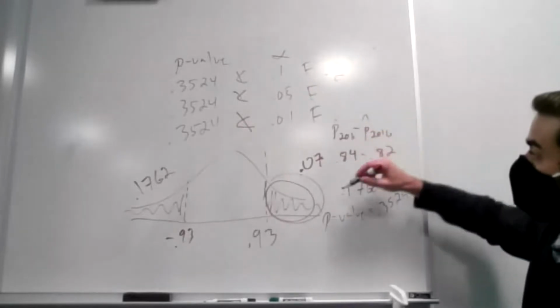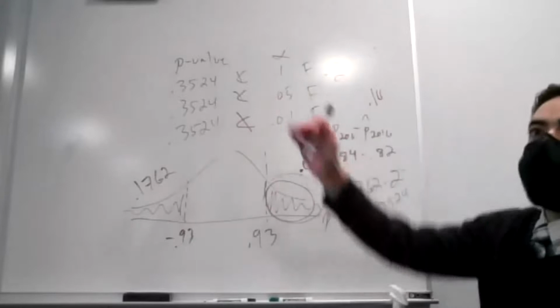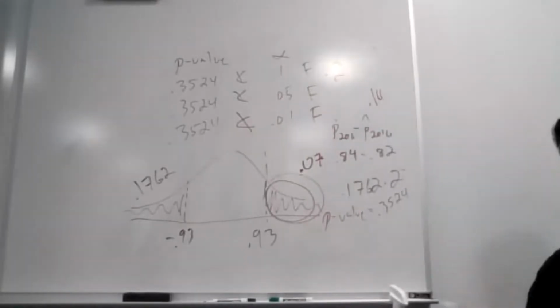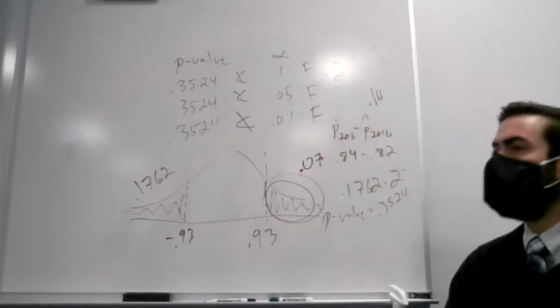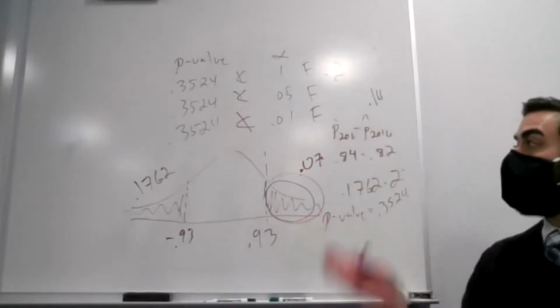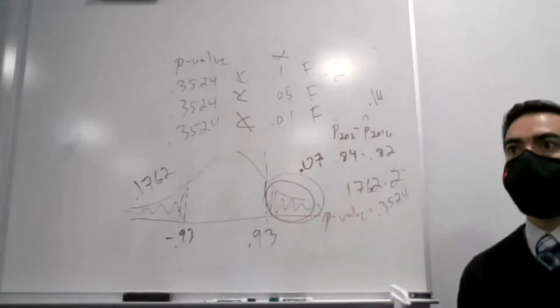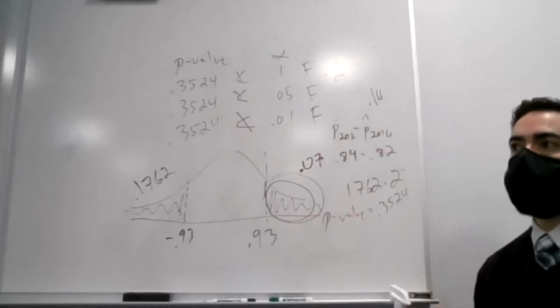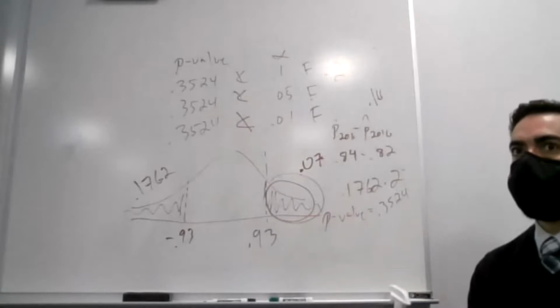But in fact, once I multiply that by 2, 0.14, well, now I would fail to reject, right? So if I forget to do that last step to find my p-value for a two-tailed test, I can end up with different rejection decisions, okay? So maybe you can notice here, if I'm multiplying that area by 2, if I had set this up as a right-tailed test, then I could start to make some rejection decisions. So whenever I'm having a two-tailed test, it actually makes it even harder for you to be able to reject the null, right?